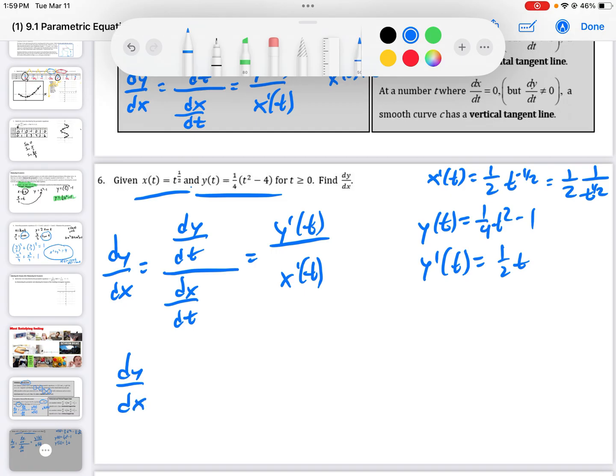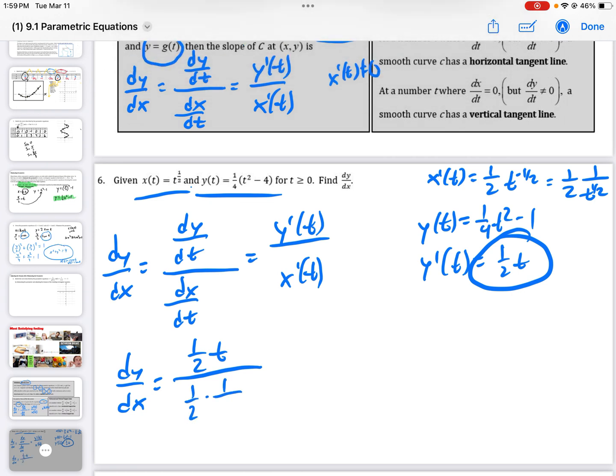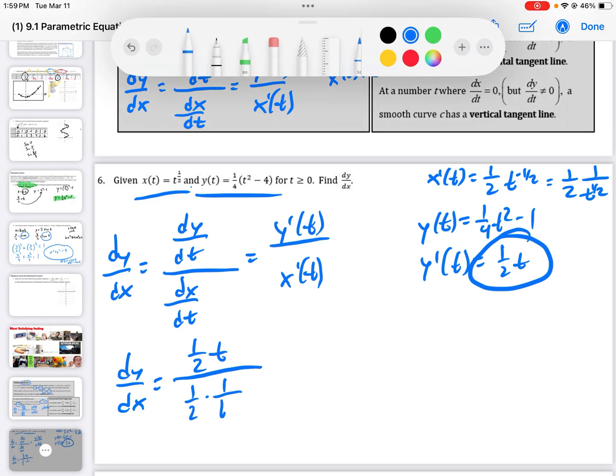So dy over dx is equal to the derivative of the y over the derivative of the x. Since I've already done those off to the side, I get this. Now to simplify, I would just cancel out the 1/2. This would be t over 1 over t to the 1/2, which is t times t to the 1/2, which would be t to the 3 over 2.